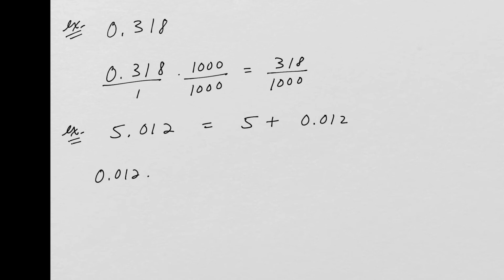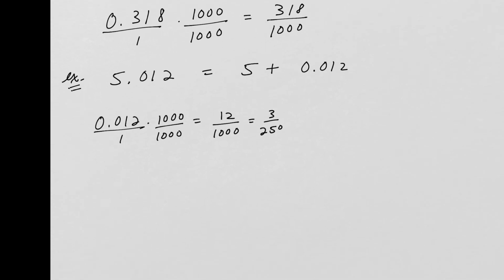And I can do that by, again, multiplying by 1,000 over 1,000. So this will be 12 over 1,000. And it looks like 4 goes into both the numerator and denominator. So 4 goes into 12 3 times. 4 goes into 1,000 250 times.